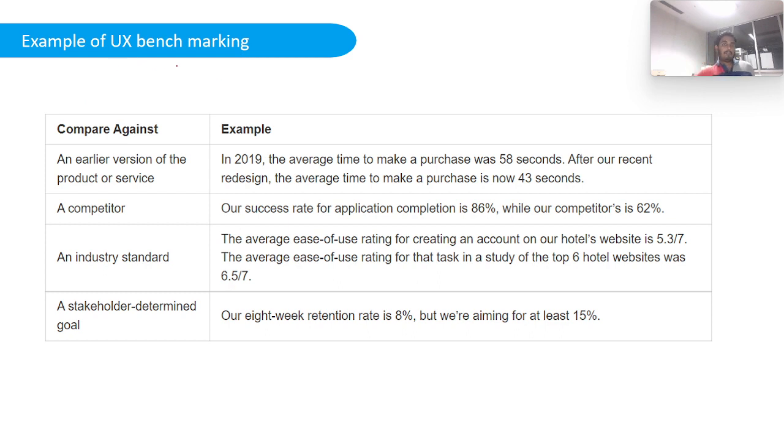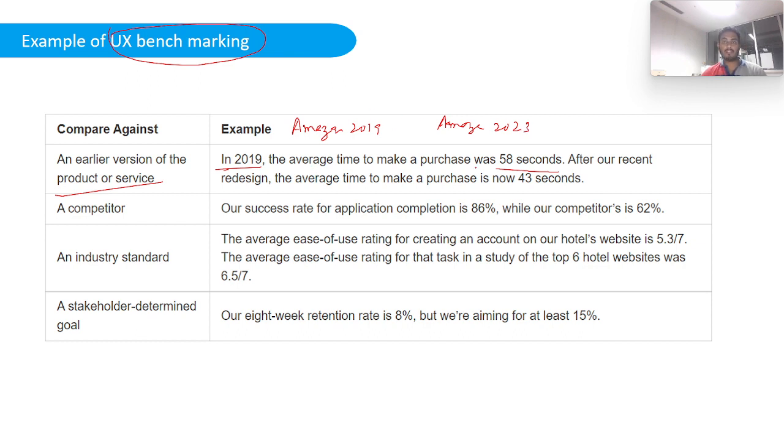Okay, so here's an example of UX benchmarking. If you want to compare two versions of a product, for example, you consider two versions of Amazon, one in 2019 and another one, Amazon 2023, version 1 and version 2.